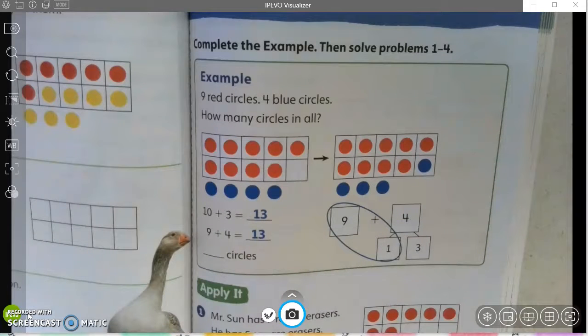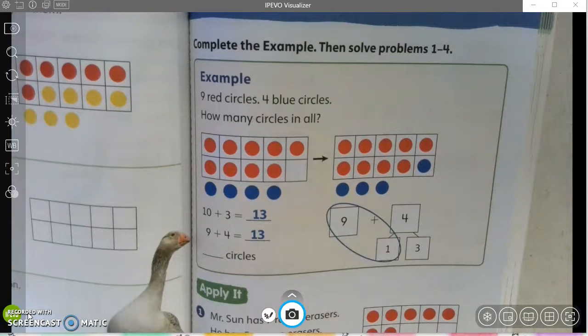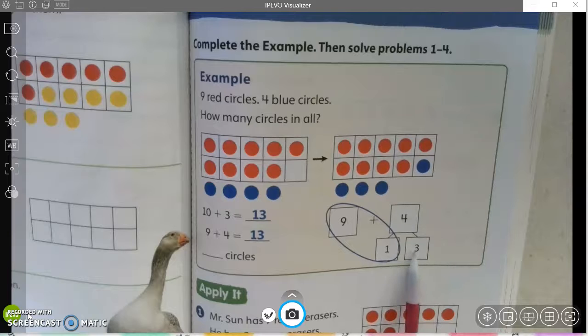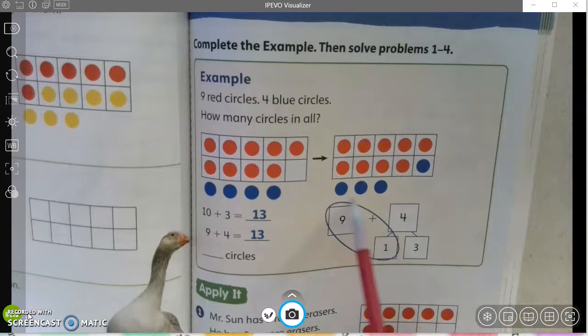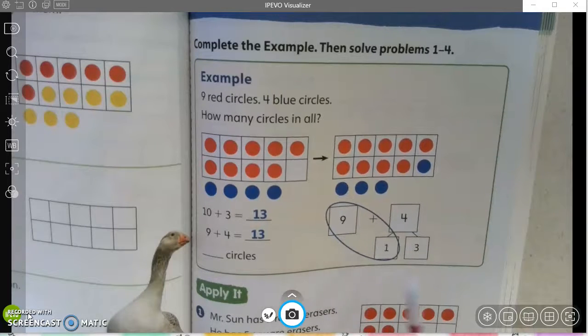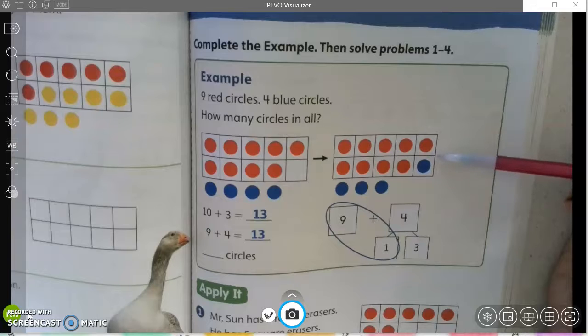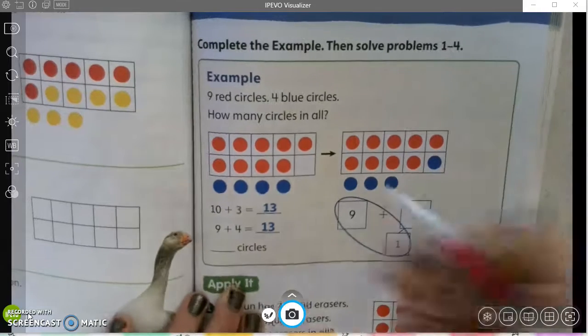Well, in order to make a 10, we're going to see, well, 9, how many more do I need to make a 10? I need 1. So I'm going to break my 4 into 1 plus something. Well, 1 plus 3 equals 4. So I'm going to take this 1 and loop it with my 9. Here's 10. 10 and 3 more is the same thing that this is showing right here, which is also 13, right?